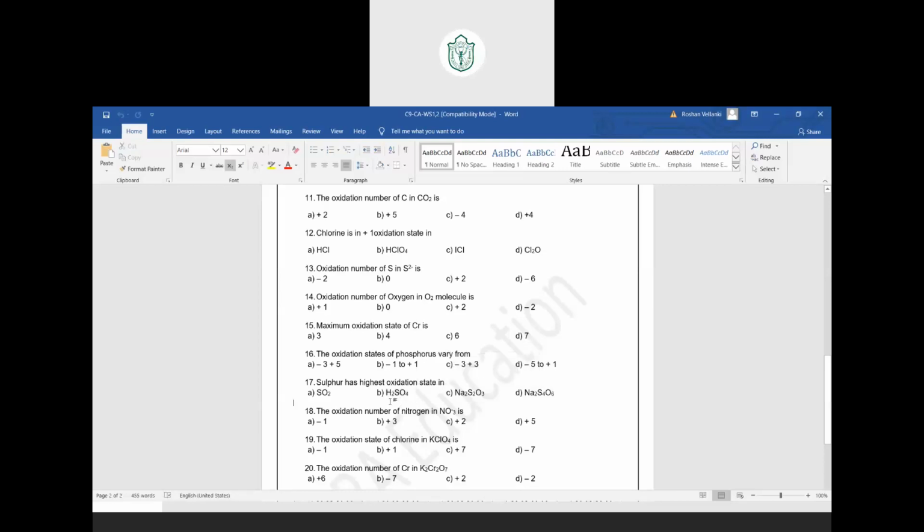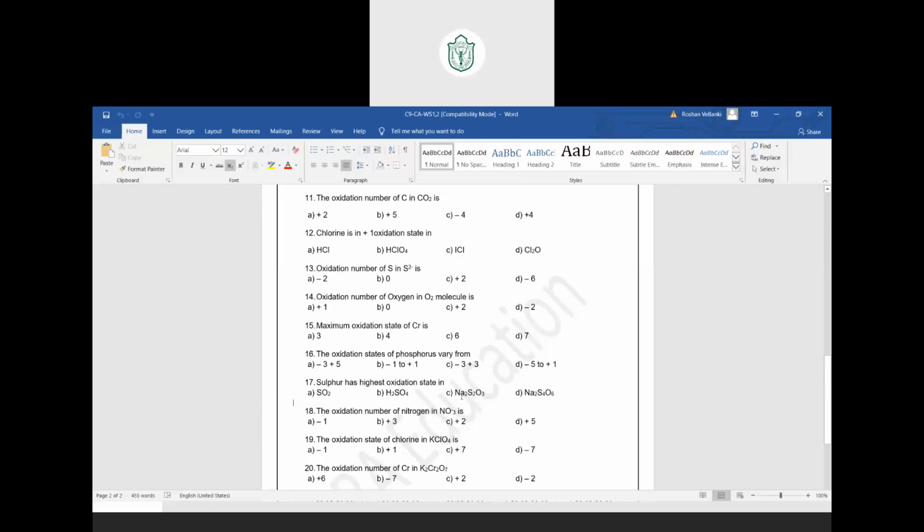Any doubts? Why 2? Because we have two hydrogen atoms plus x. We have 4 oxygen atoms, so 4 into -2, -8. It's a neutral molecule, so equal to 0. So x equal to how much? 6. Right?